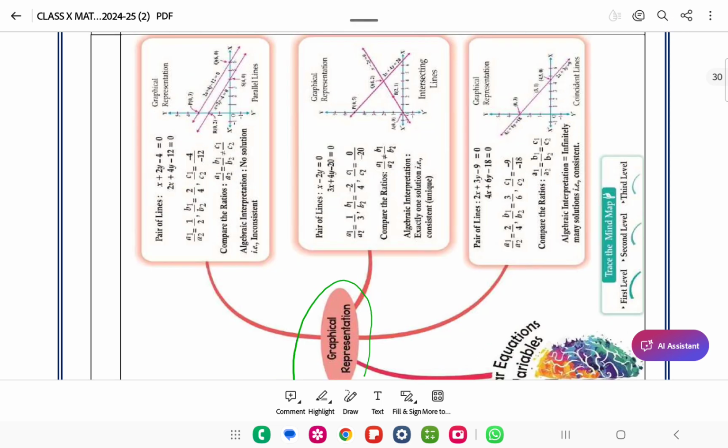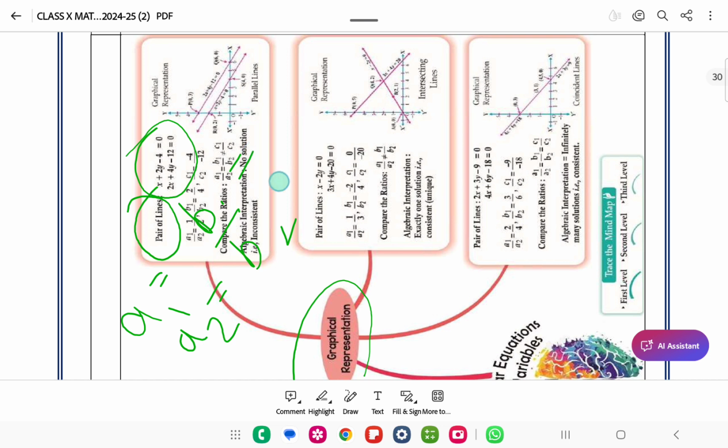here we can see a pair of lines. One equation is given, x plus 2y minus 4, and another equation is 2x plus 4y minus 12 equals 0. Here we have to take, in the general formula, a1 and a2.